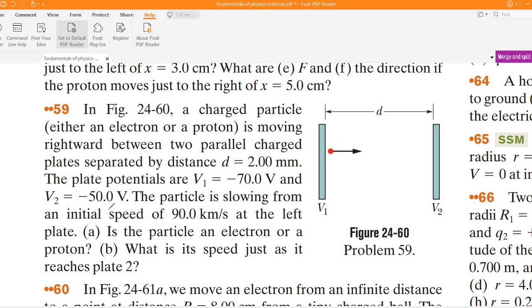Don't be worried because both are negative. It doesn't matter whether one is negative, the other one is negative as well. What matters is that there is a difference between the potentials of the two plates. So there is a difference, and that's all that matters, right?